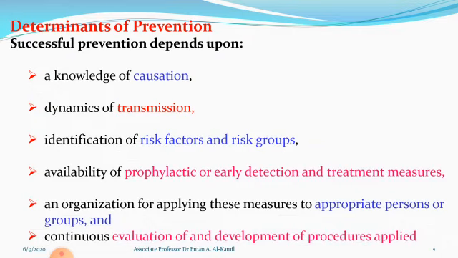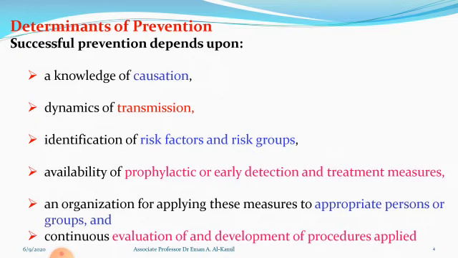What are the risk factors for certain diseases and what are the risk groups? Also, it is important that there should be prophylactic or early detection and treatment measures in order to prevent the disease. Also, an organization for applying these measures to appropriate persons or groups, and also continuous evaluation and development of procedures applied.